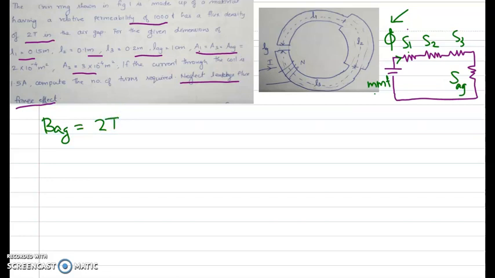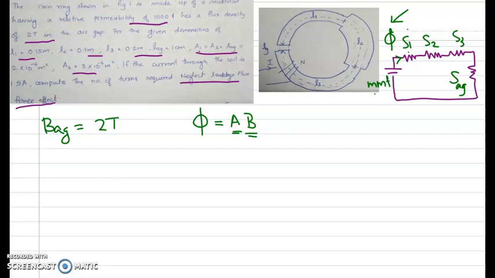First, we need to write an equation with the known parameters. B is the flux density. We already know the equation phi is nothing but A into B. B is given to you, and the parameter you already know is the area of cross section of the air gap.